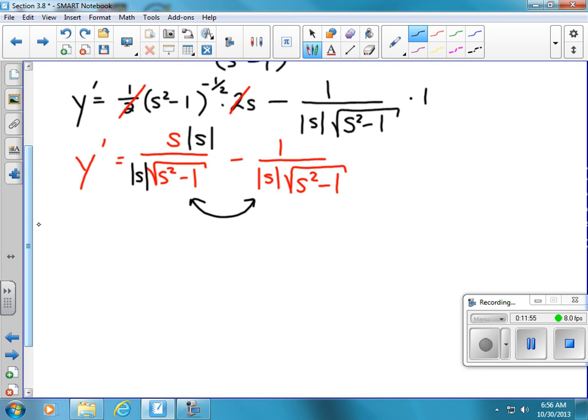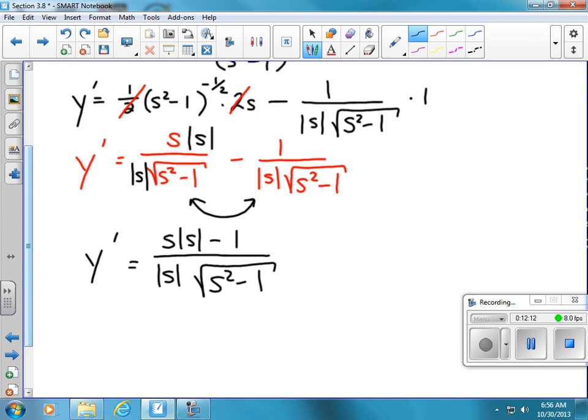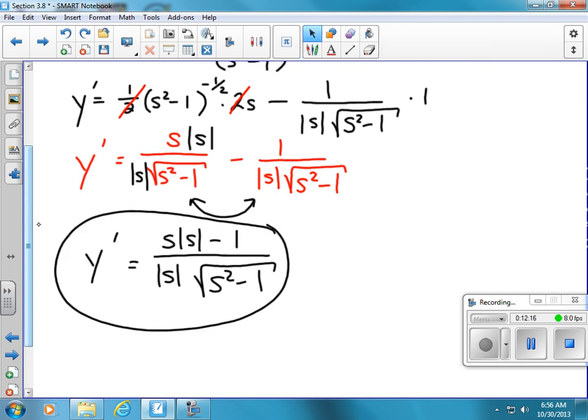And now we can write this absolute value of s times the square root of s squared minus 1. And this on the top becomes s times absolute value of s minus 1. And that is a really, really, really pretty solution. Lots of algebra.